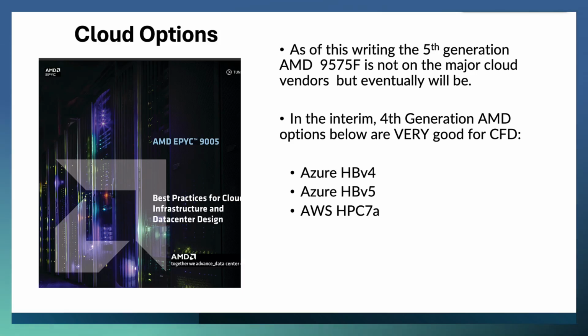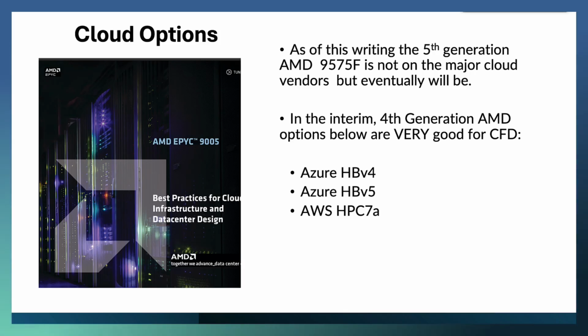So now, if you're wanting to run on the cloud, as of today, there isn't any 5th gen AMD that has high-speed interconnect, but there are great 4th gen options. HBv4 and HBv5 on Azure are fantastic 4th gen AMD options and will run very well. AWS has HPC CAE, also 4th gen Genoa.